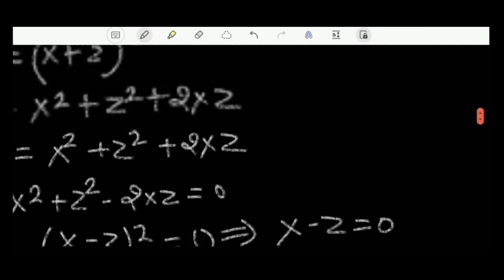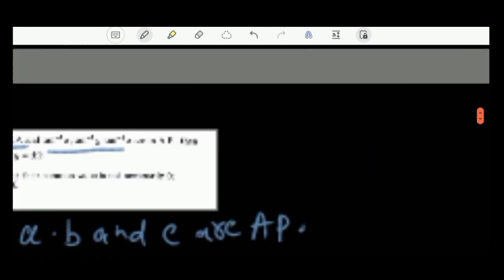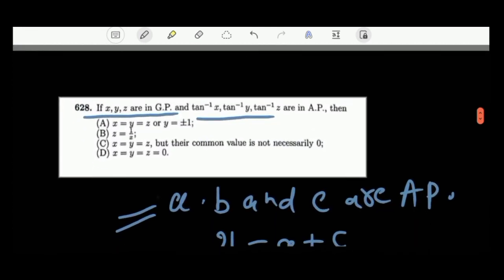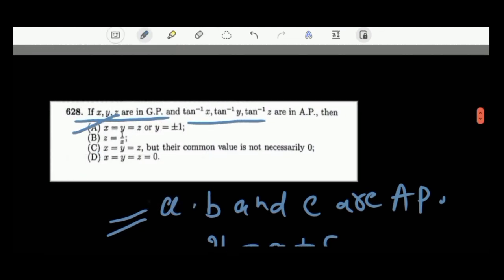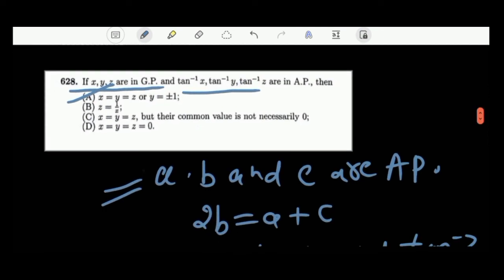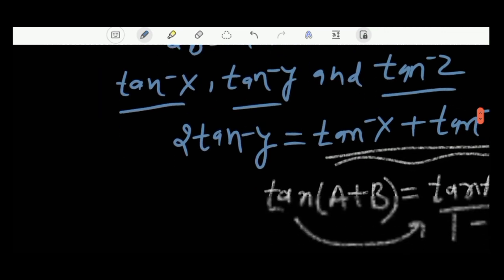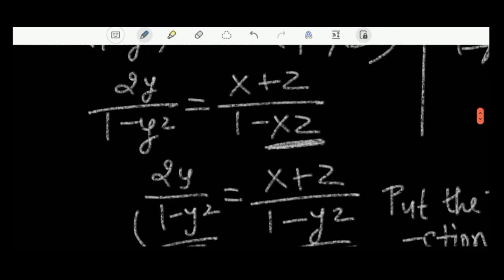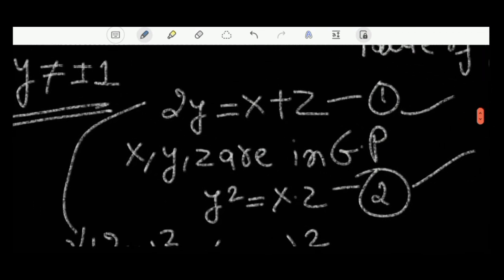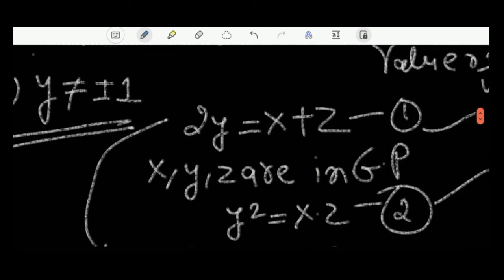So we can simply say that our first option is correct, where we are given that x is equal to y is equal to z, or y is equal to plus or minus 1. It simply means that both conditions may not be simultaneously correct. If you take y equal to plus or minus 1, then you cannot proceed further from this point.